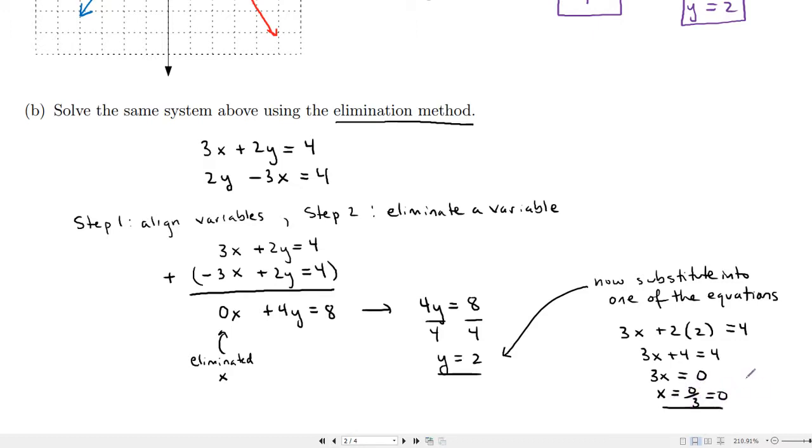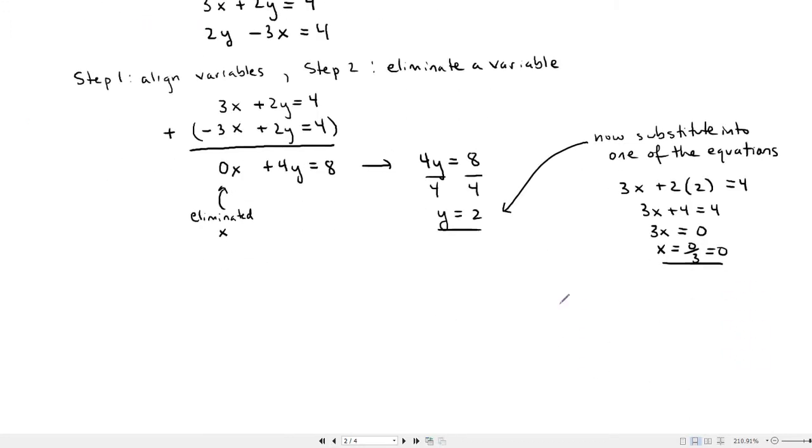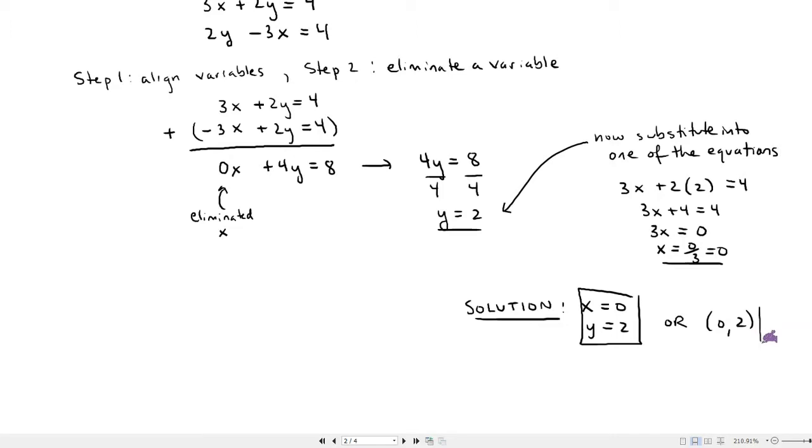And so your solution is x equals 0, y equals 2, which is the same as above. Or you could write it as 0, 2, like this. And that's the same as our graphical solution.